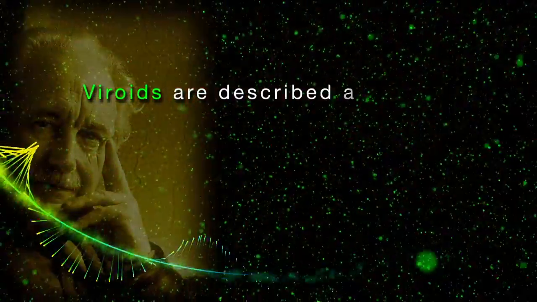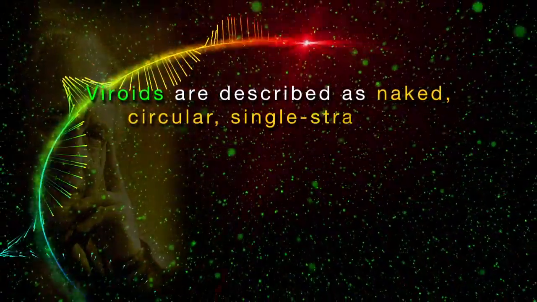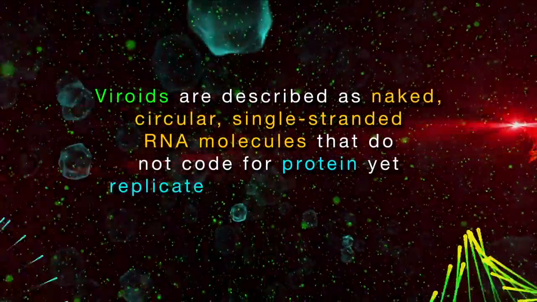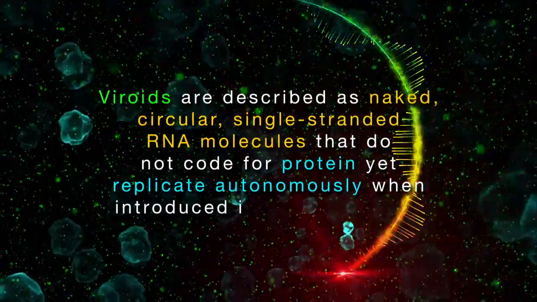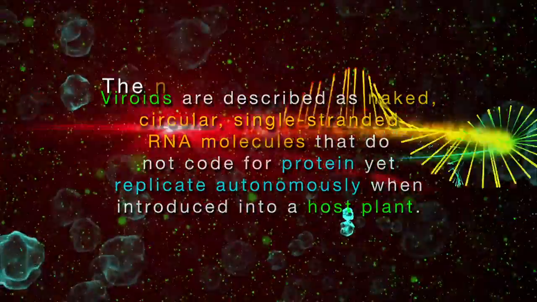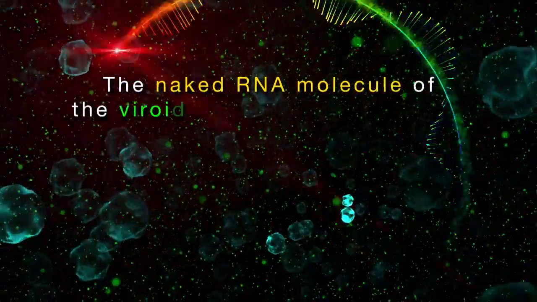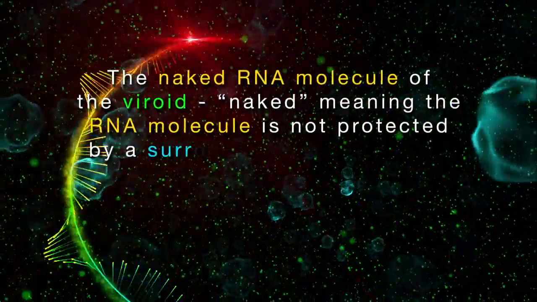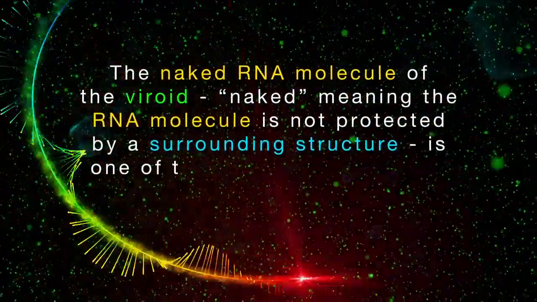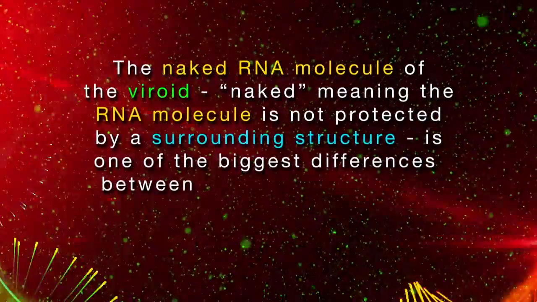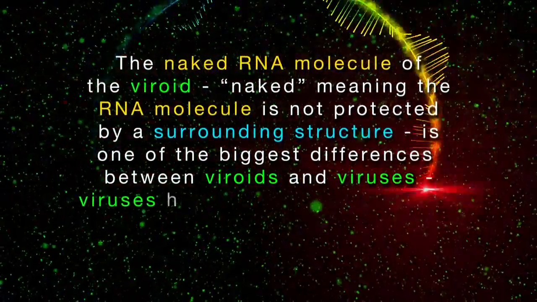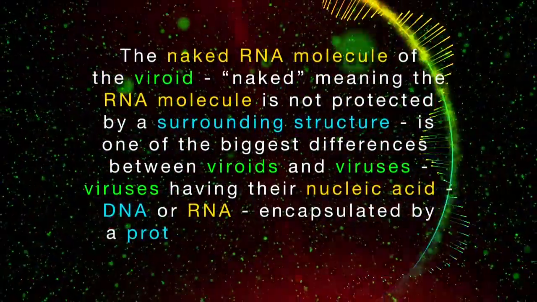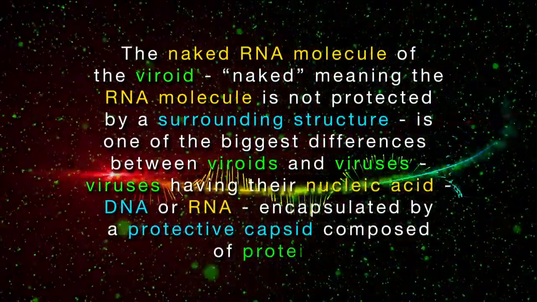Viroids are described as naked, circular, single-stranded RNA molecules that do not code for protein, yet replicate autonomously when introduced into a host plant. The naked RNA molecule of the viroid, naked meaning the RNA molecule is not protected by a surrounding structure, is one of the biggest differences between viroids and viruses, viruses having their nucleic acid, DNA or RNA, encapsulated by a protective capsid composed of protein.